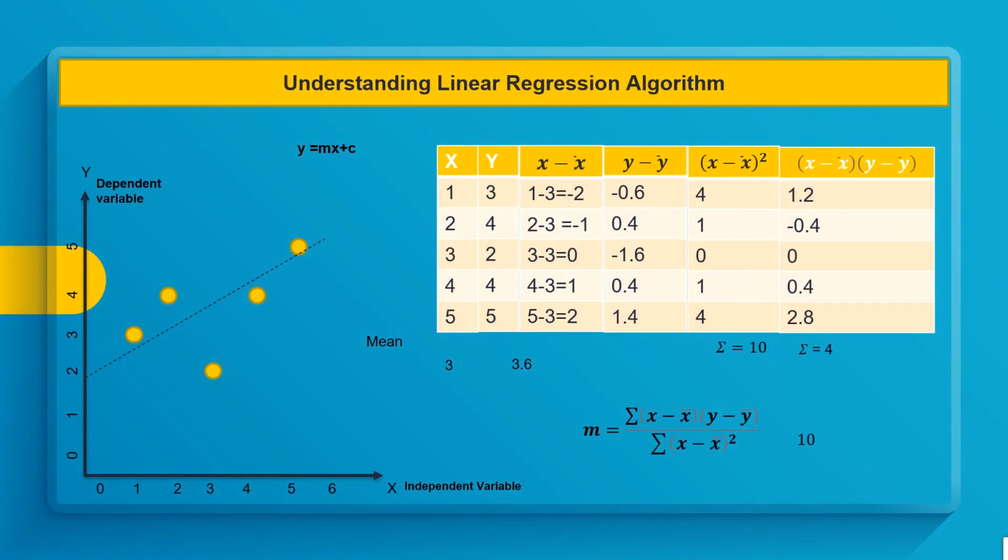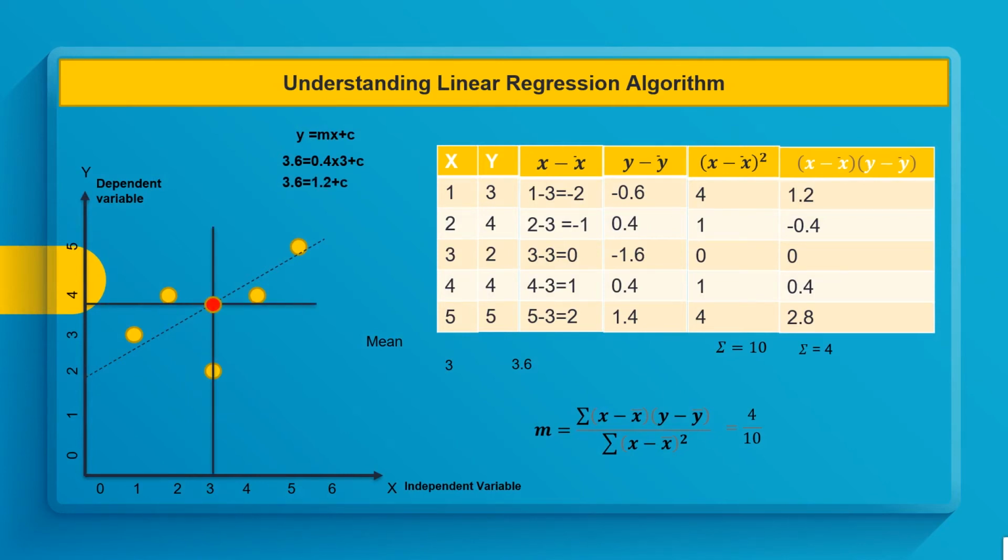So we have y as 3.6, remember the mean of y, m as 0.4, which we calculated just now, x as the mean value of x, that is 3, and we have the equation as 3.6 equals 0.4 multiplied by 3 plus c, that is 3.6 equal 1.2 plus c. So what is the value of c? That is 3.6 minus 1.2, that is 2.4.